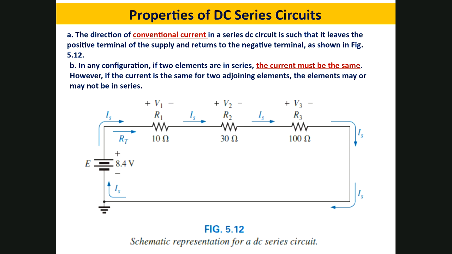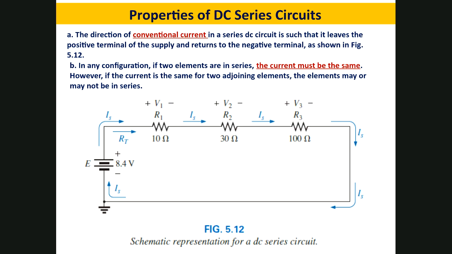What are the properties of the DC series circuits? It's important to know the series circuits have some properties, and these properties help you to make your calculation faster and easier.